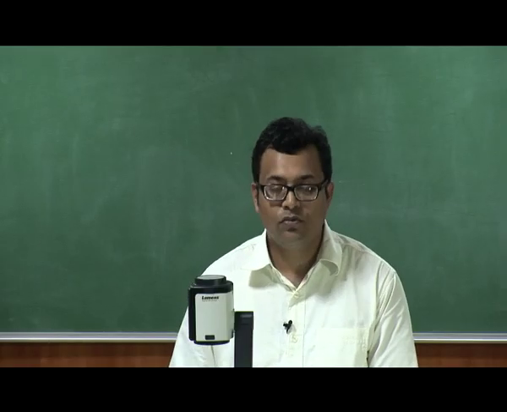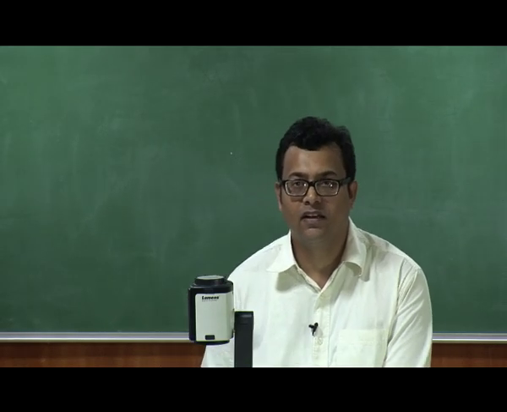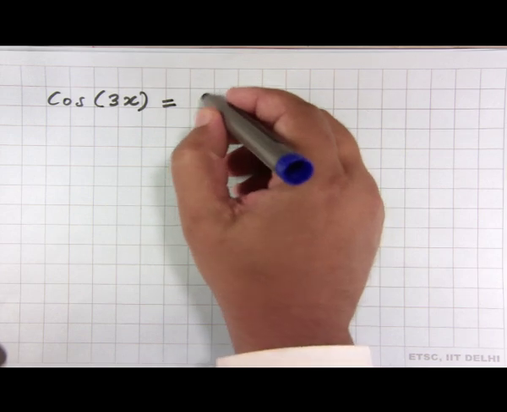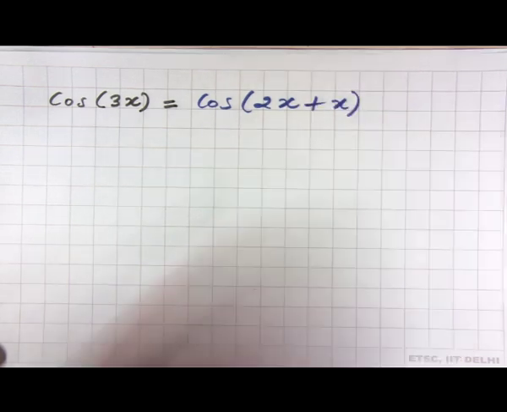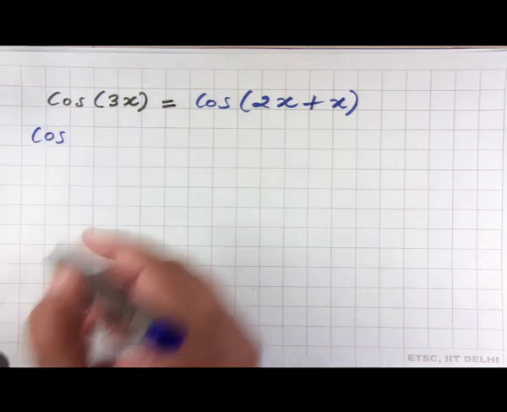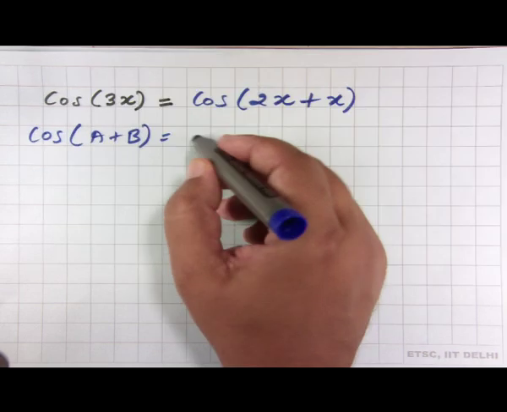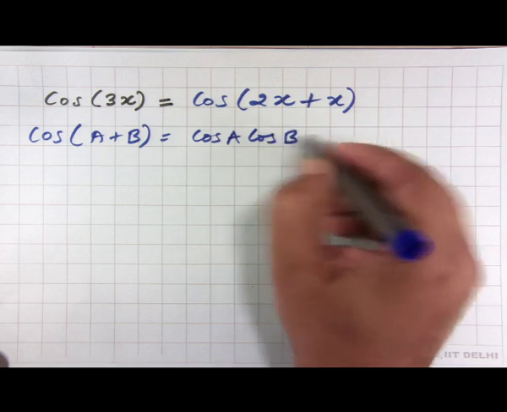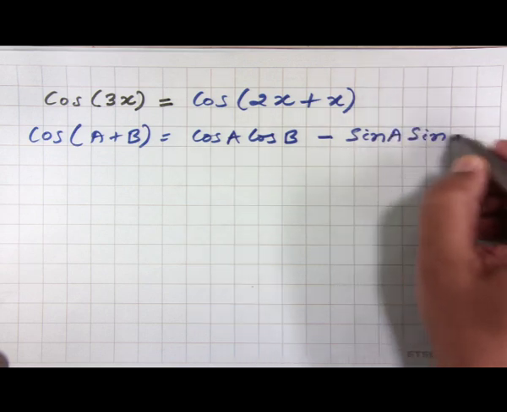Now, let us see how to calculate the cosine and sine of thrice of an angle. So, cosine of 3x can be written as cosine of 2x plus x, but we know that cosine of a plus b is cosine of a cos of b minus sine a sine b.